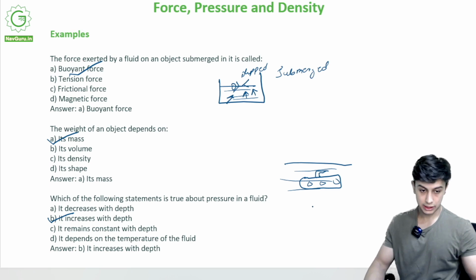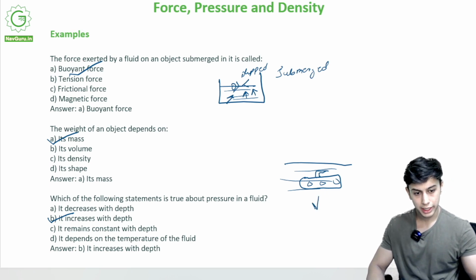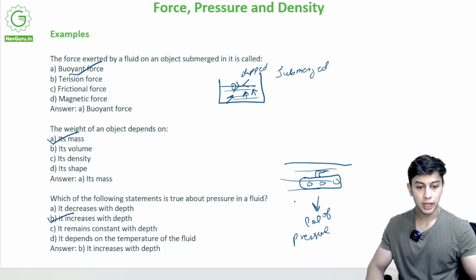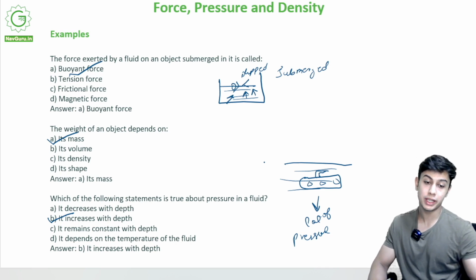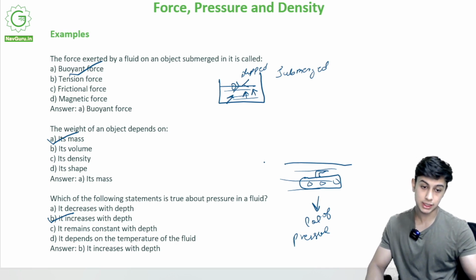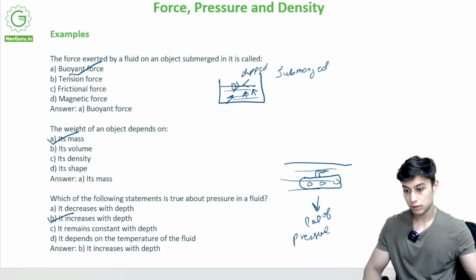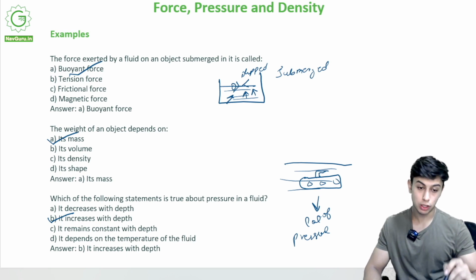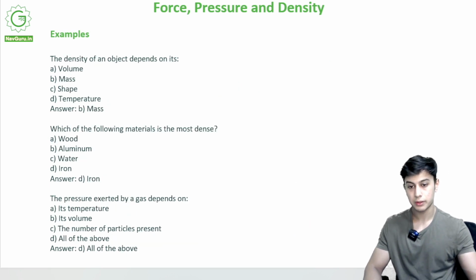Submarines are designed in such a way that they can handle a lot of pressure, because at depth there is a lot of pressure. Scuba divers' suits are designed in such a way that they can handle the pressure. It won't tear. At depth there is a lot of pressure in fluids.